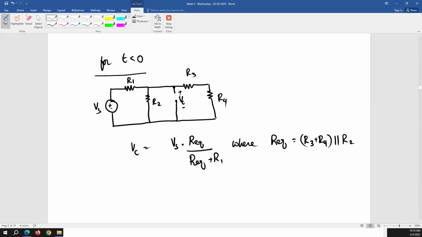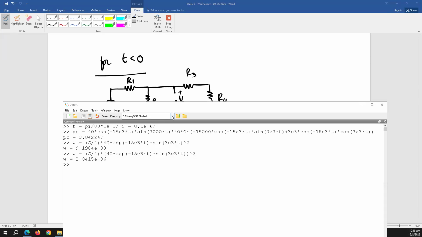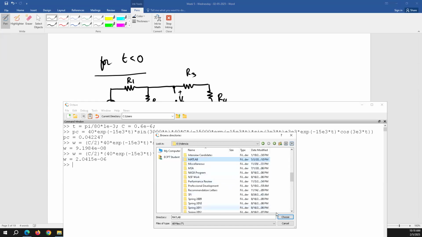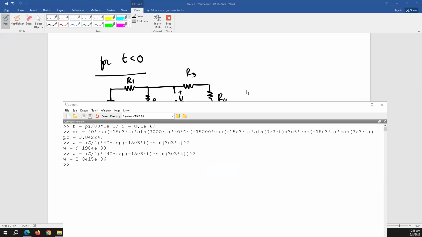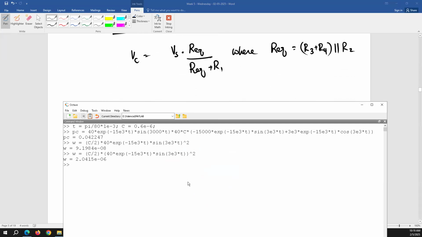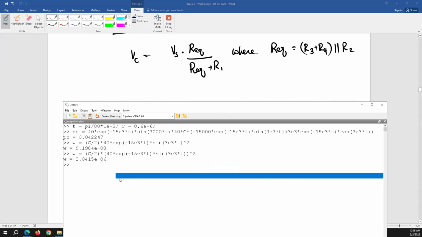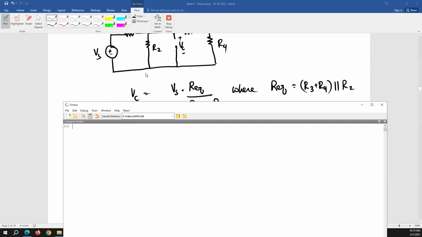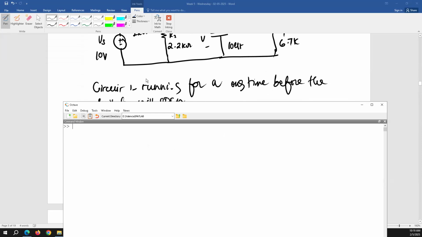All right, so let's go ahead and calculate that. Let me connect this to my flash drive because I have my equivalent program over there. All right. Let's see what values I chose for everything.